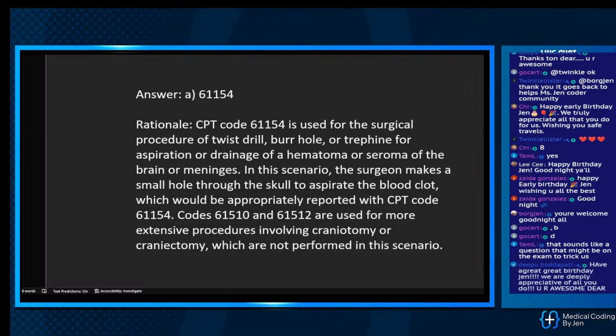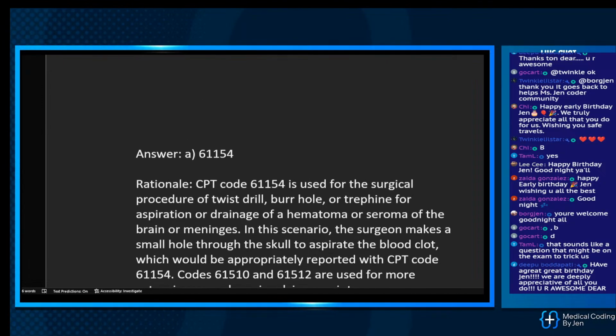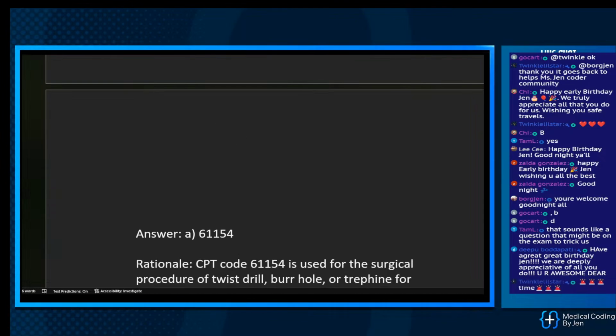Yeah, it might trick you because, if you just went by the bare minimum, it seems like it would be really tricky. If they use an MRI for guidance, then that MRI is your 69990.